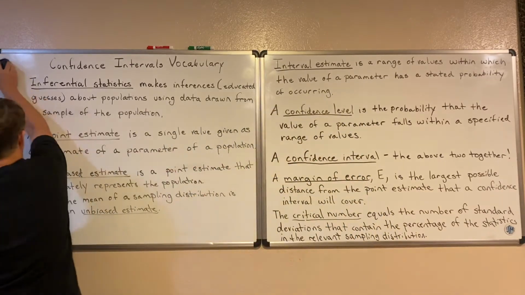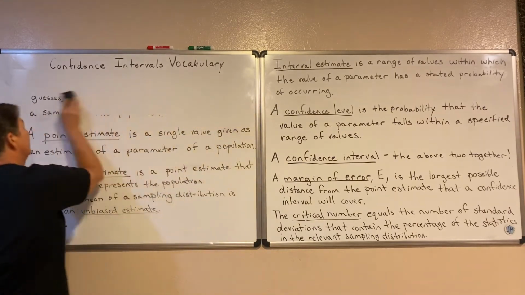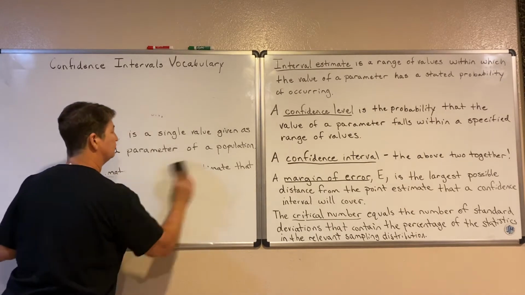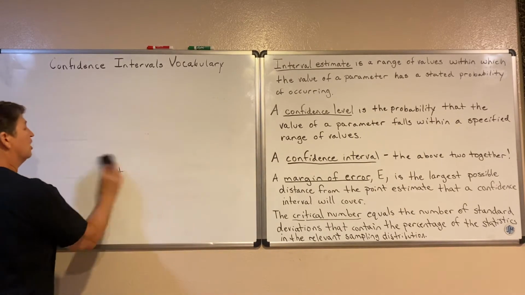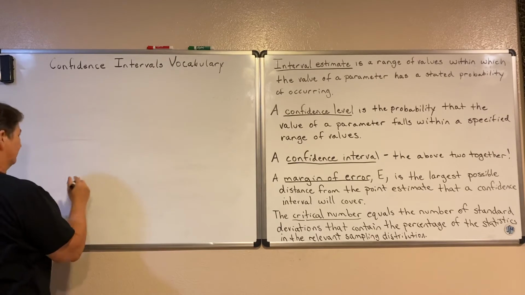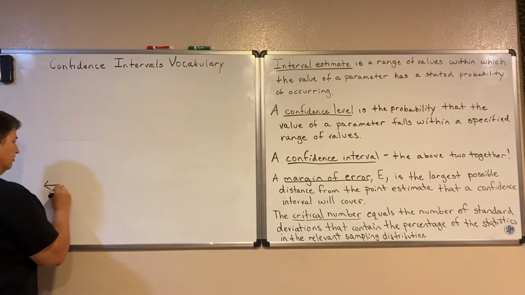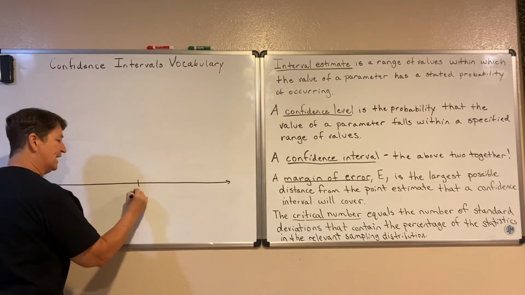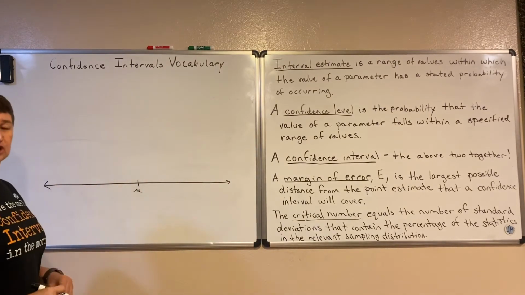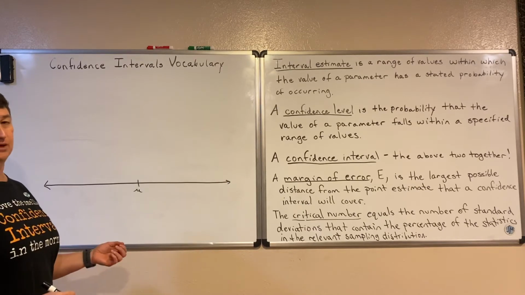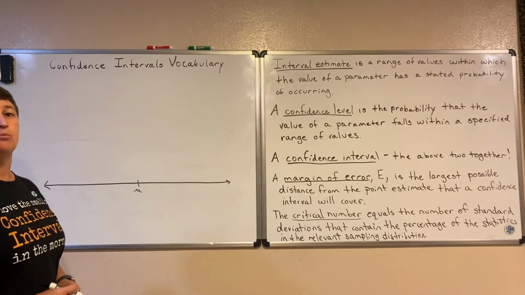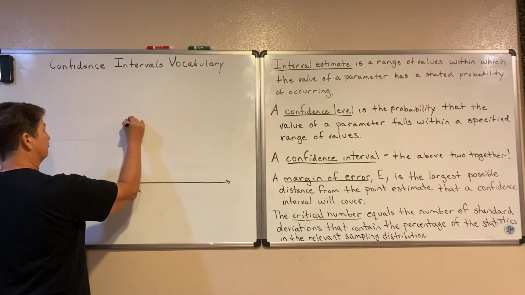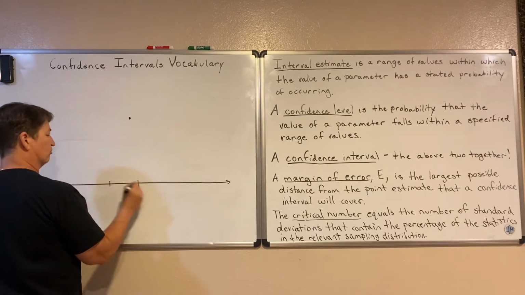Let me give you a small visual to go along with these. I'm going to show you on a normal distribution and a confidence interval what these different words are. We know that the mean of a sampling distribution is an unbiased estimator. It's going to be the same as the parameter. And we know that the sampling distribution has a nice normal shape.